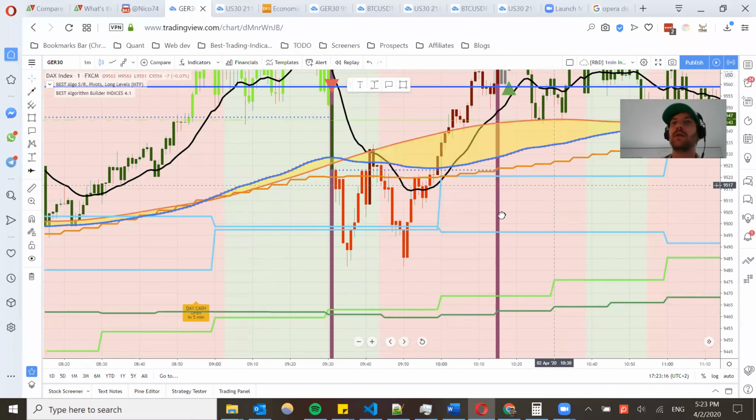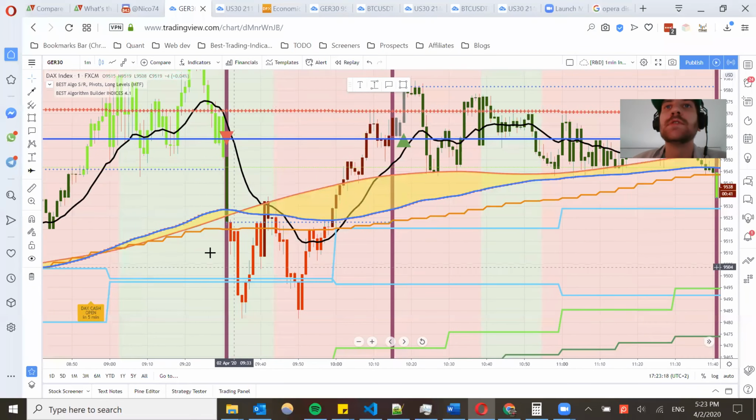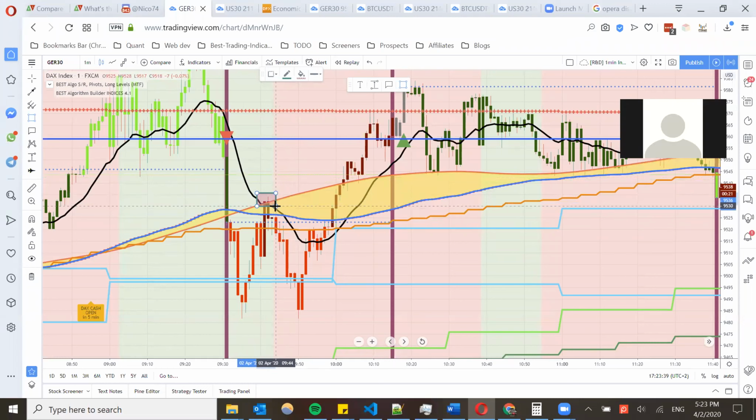So let me find some. Yeah, perfect. This one. So, for instance, for the short, because the cloud is below the EMA 20, and because the EMA 20 is not below the cloud, the perfect entry for the short is here.